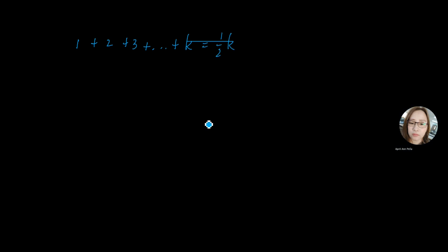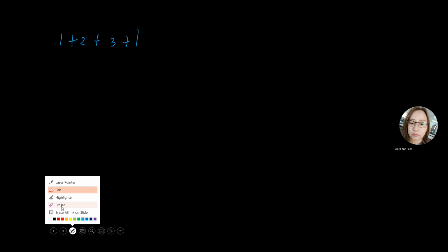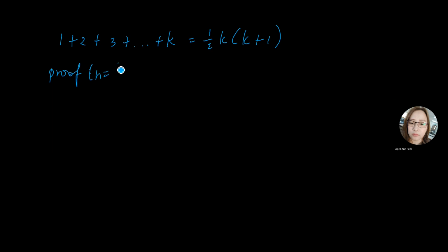So that is 1 plus 2 plus 3 plus k equals 1/2.